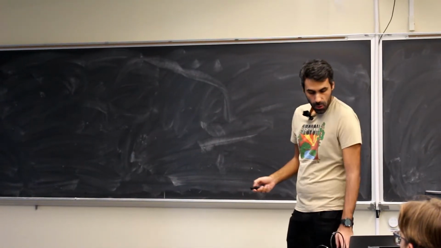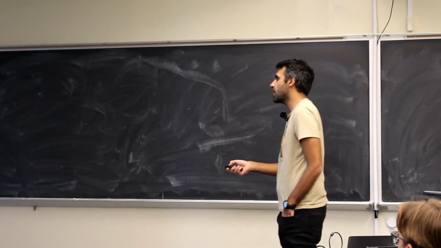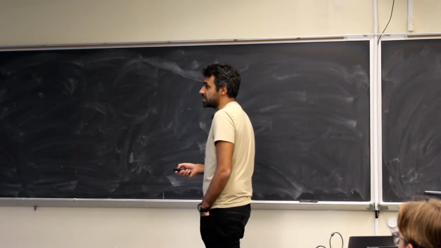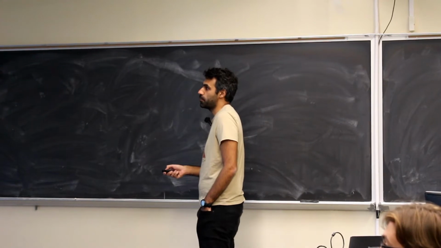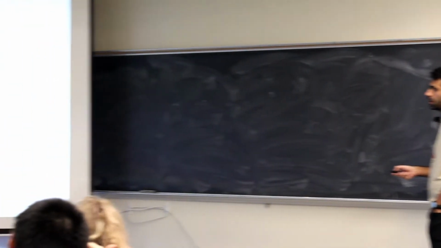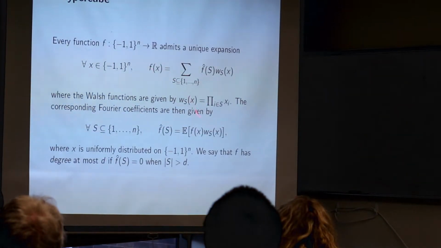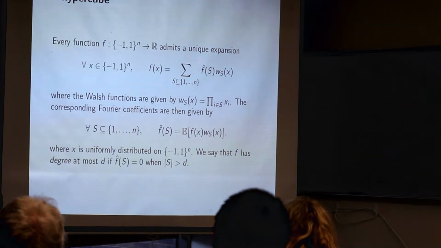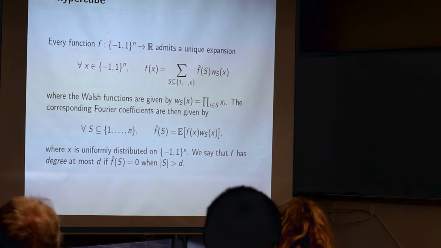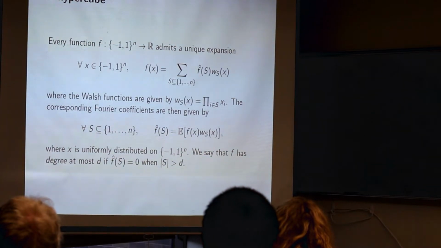What I want you to notice is that this function w_s is not just a character of the group, it's in fact a polynomial whose total degree is the cardinality of the subset. And it's actually a multilinear polynomial, in the sense that we don't have terms of the form x_i squared, since x_i takes the values plus and minus 1.